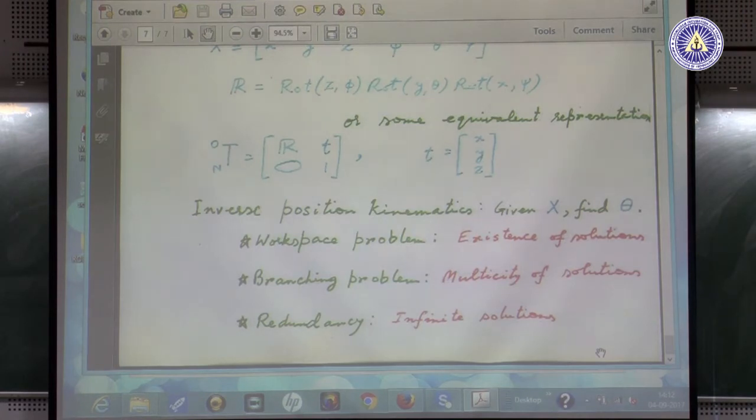Then I give it a point to reach, an xyz coordinate which is outside the room, and ask what combination of values of theta 1, theta 2, theta 3 will reach that point. Obviously, it cannot reach. So, existence is certainly a problem, whether a solution of this problem exists. That is actually the workspace problem.